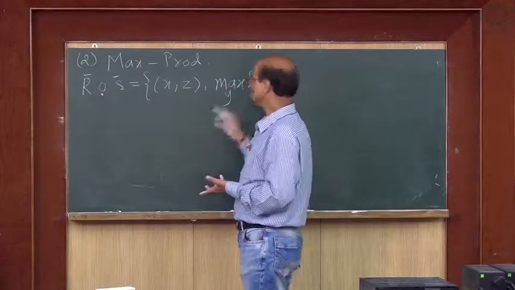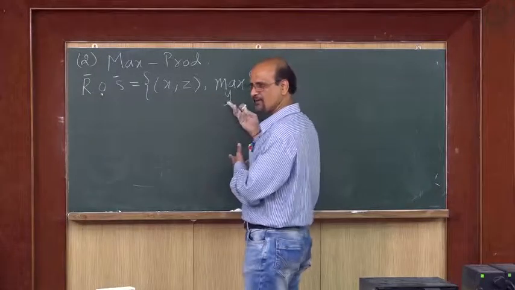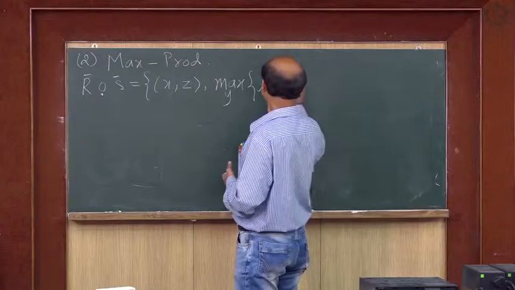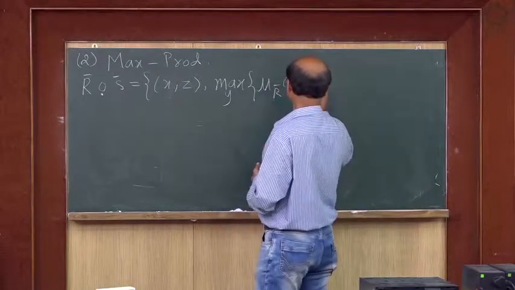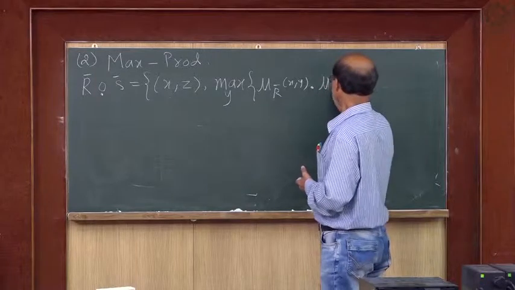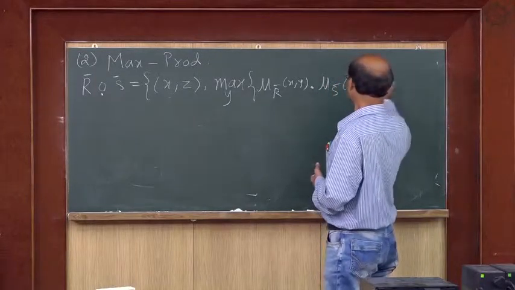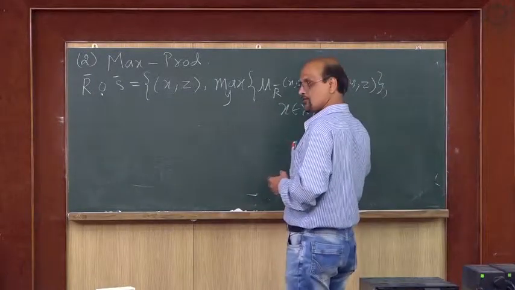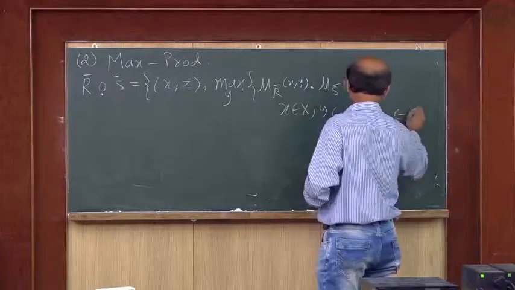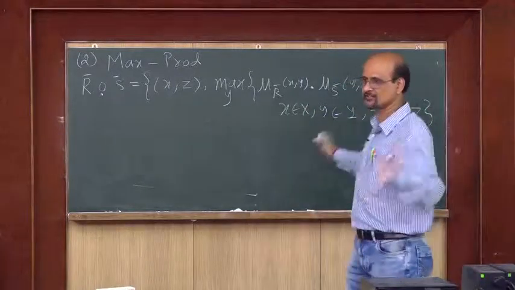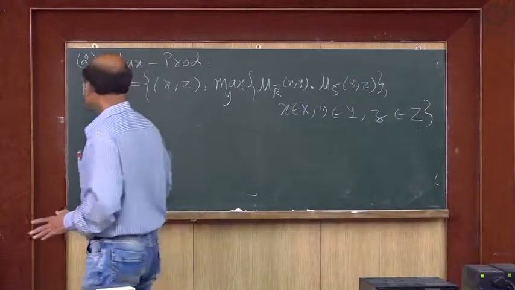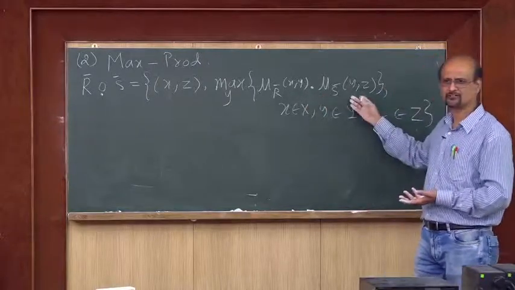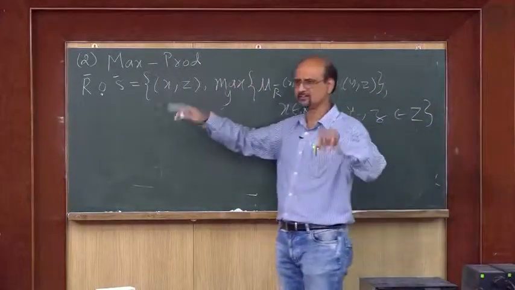There it was minimum, so I took minimum, max min, here max product. So, product means mu R bar(x,y) dot, dot means product, mu S bar(y,z). Okay? And I should write there, I forgot to write, x belongs to X, y belongs to Y, and z belongs to Z. This one should be written for completeness. Okay? So, this is the same, you have R, you have S, there we take minimum, here product, then take the maximum, you will get the relation.